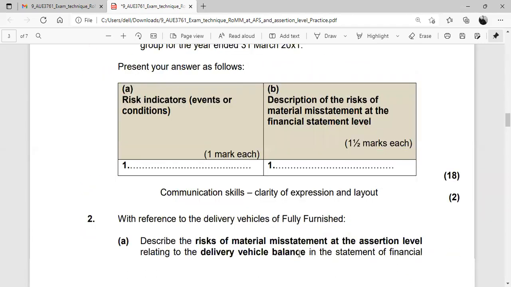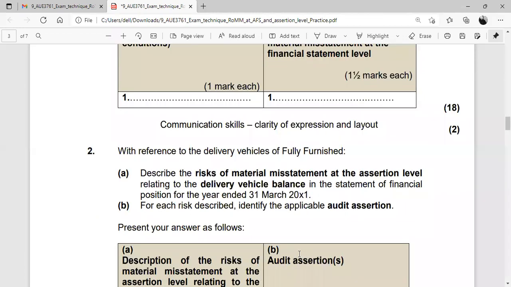So number 2 says, with reference to the delivery vehicles of Fully Furnished, describe the risks of material misstatement at the assertion level relating to the delivery vehicles balance in the statement of financial position for the year ending 31 March 20X1. And for each risk described, identify the applicable audit assertion.